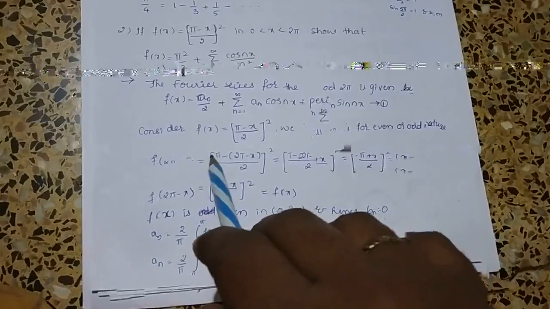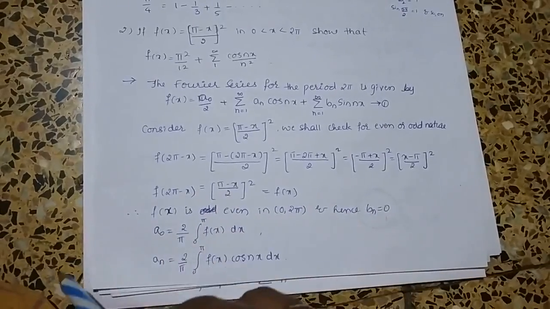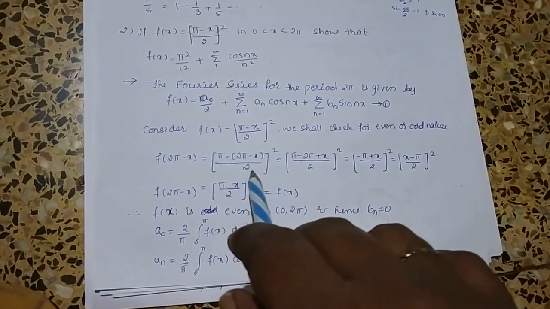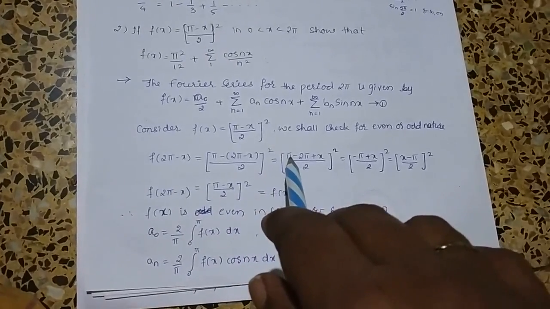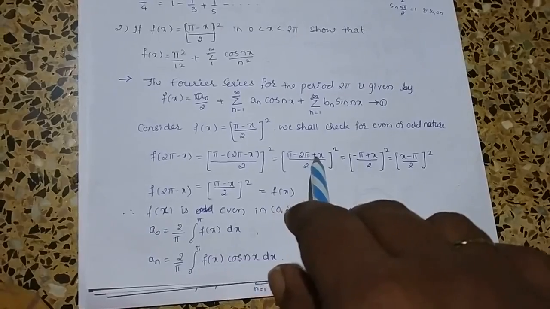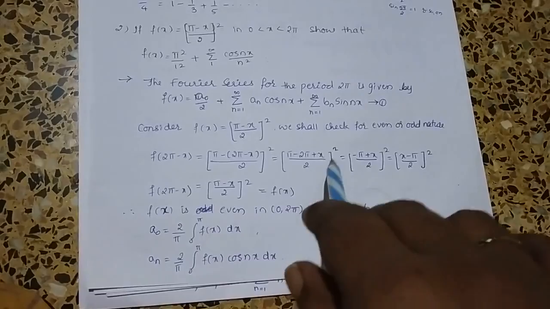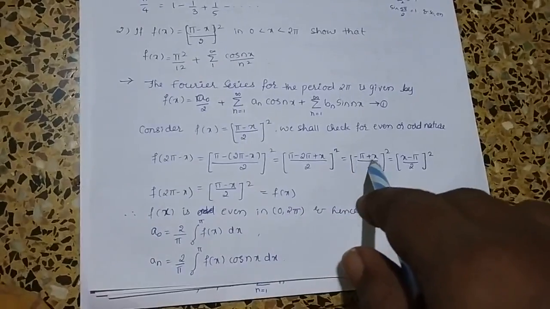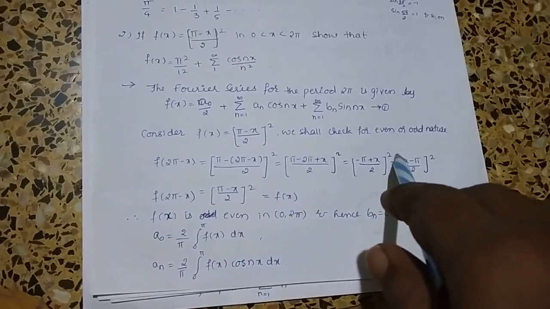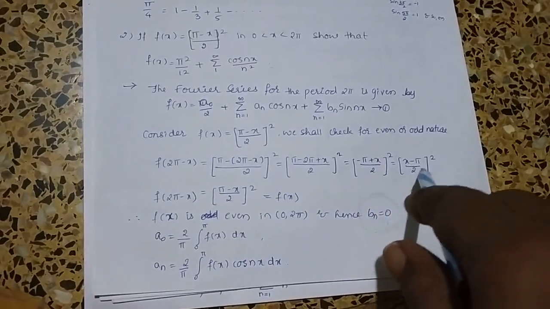Consider f of x equals pi minus x upon 2 whole square. We shall check for even and odd nature. f of 2 pi minus x equals pi minus of 2 pi minus x upon 2 whole square, which is pi minus 2 pi plus x upon 2 whole square, or minus pi plus x upon 2 whole square, or x minus pi upon 2 whole square.